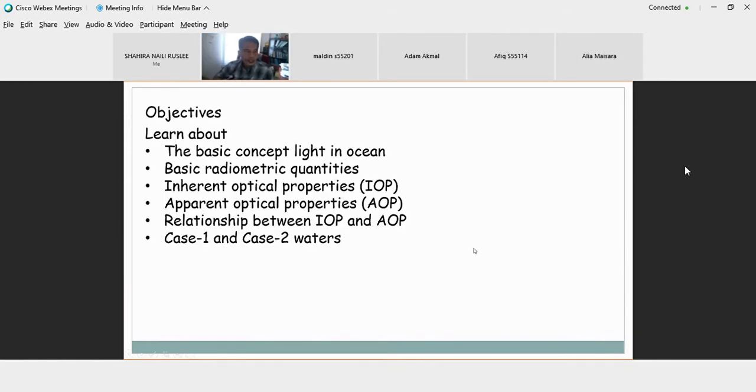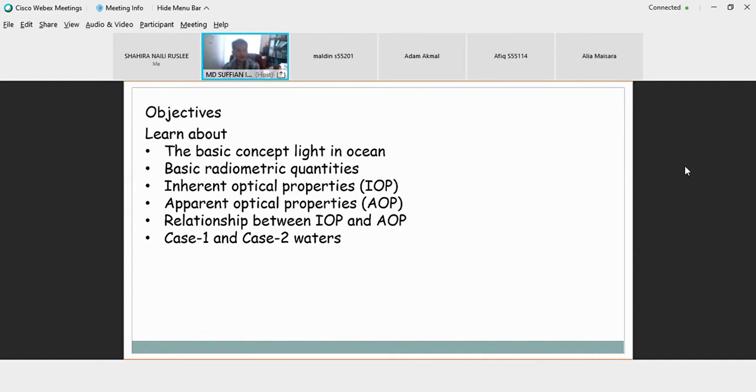So what we focus on for this topic is ocean optical properties. If you study optics, it involves the interaction not only in the ocean but also in the terrestrial environment. Then the basic radiometric quantities: radiance, irradiance, power, radiant power or radiant flux, and so on.